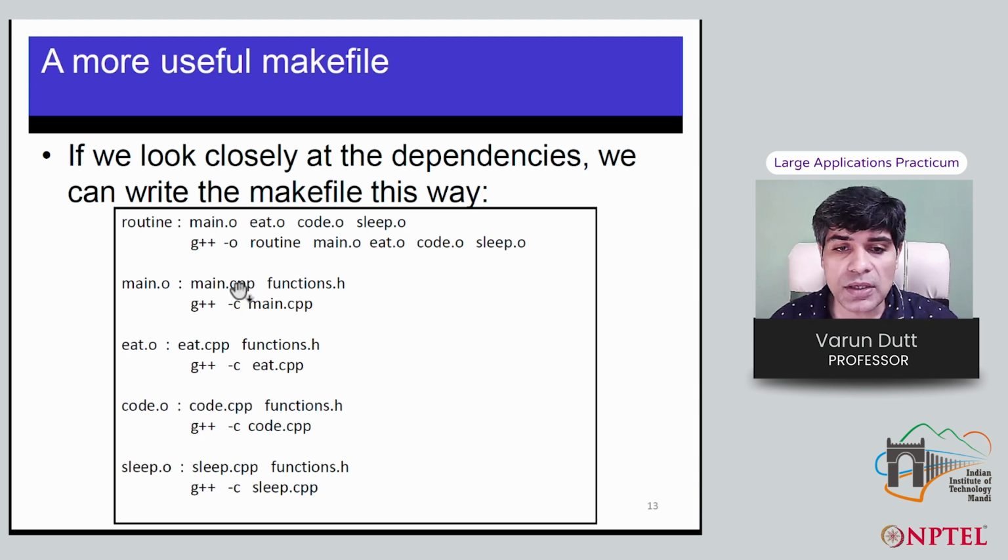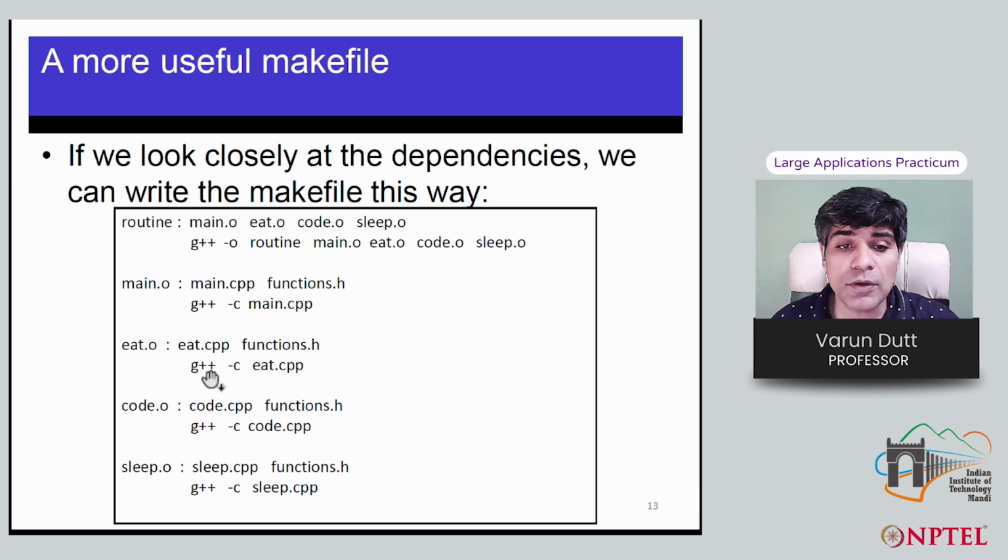If there was some change, its timestamp, or the time at which the file was saved, will be ahead of the .o file. So it will compile only those rules where the CPP file has a timestamp later than the timestamp of the .o file. In case the CPP file and the .o file have the same timestamp, or the .o file has a timestamp after the CPP file, those rules will be skipped because there is no change in that CPP file.